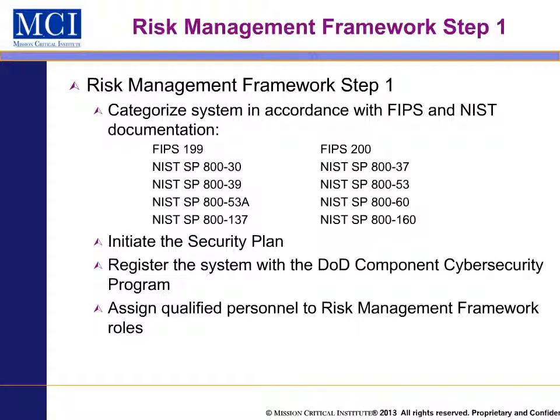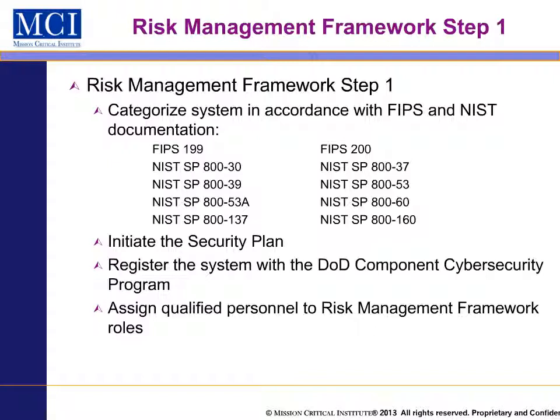Next, we have NIST Special Publication 830, which is the Guide to Conducting Risk Assessments and describes the risk management and risk assessment processes and how to prepare, conduct, and communicate the results of those risk assessment and management processes.